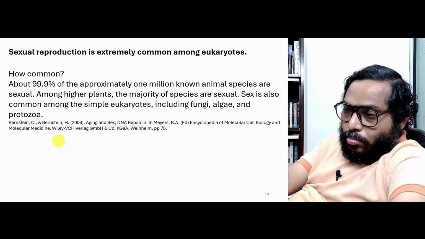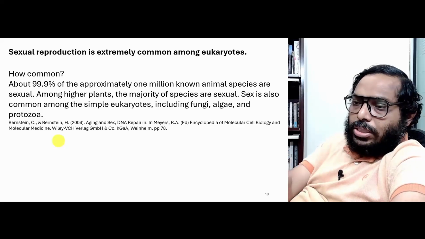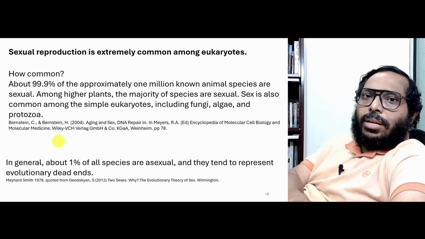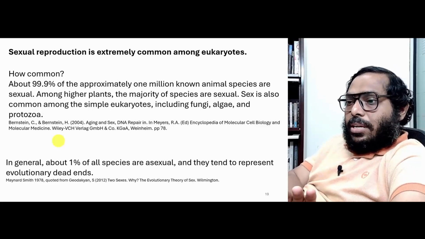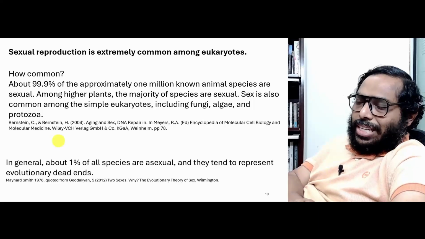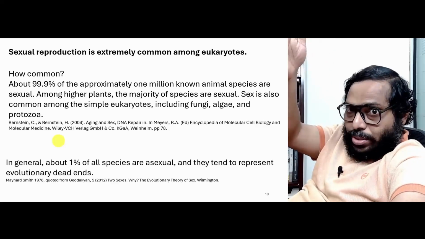And to give you a better understanding across everything, in general, Maynard Smith states that about 1% of all the species are asexual, which means that 99% are sexual.